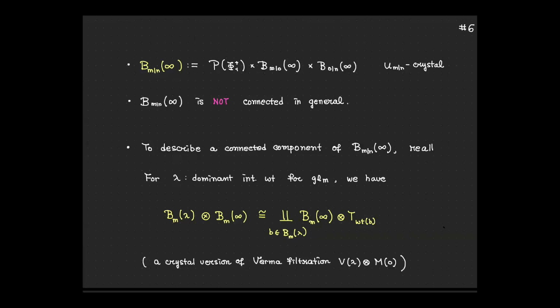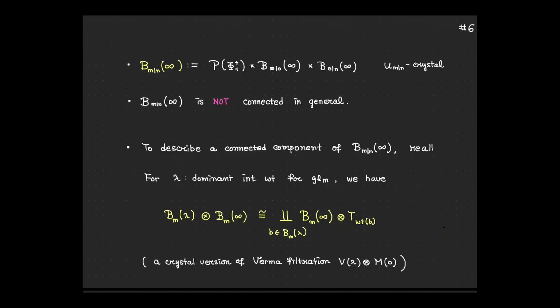Okay, so now I want to describe each connected component in this limit crystal. For this, let us recall some well-known results in the theory of crystal bases in the Kashiwara algebra case.